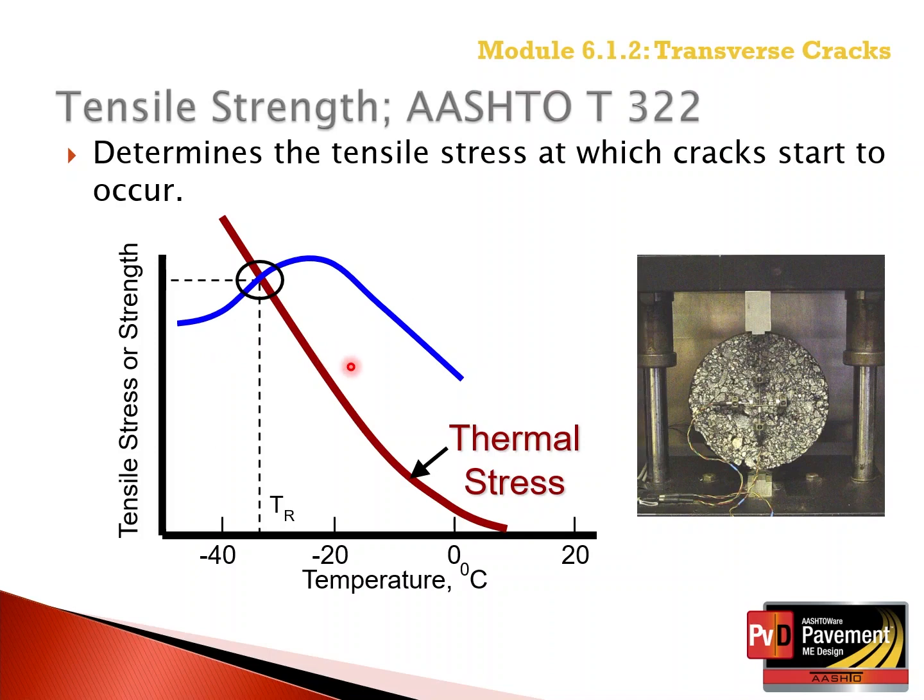AASHTO T322 measures the indirect tensile strength of the asphalt mixture. The maximum tensile strength is defined at 14 degrees Fahrenheit and assumed to be constant at lower temperatures. This assumption is made for simplicity and ease of computation in the simulation.